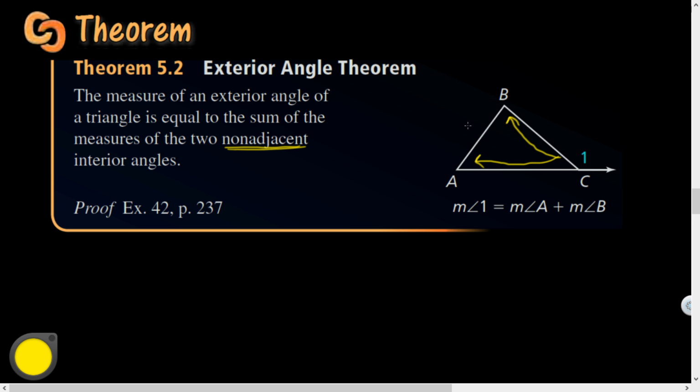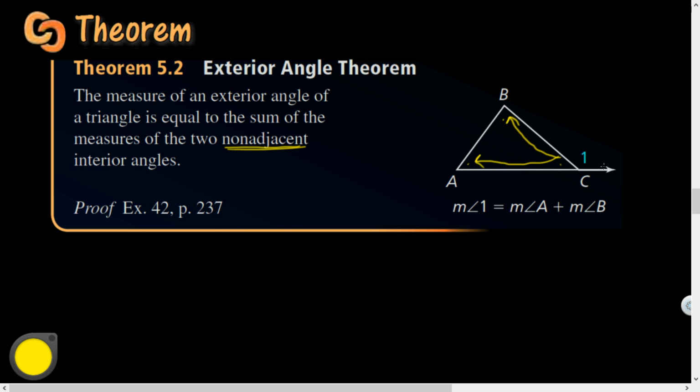Does anyone have a quick explanation as to why they think that might be true? Because of the way it is. Now, apparently there's a proof, example 42 on page 237. But what do I know about this angle and the interior angle C? They add to 180.